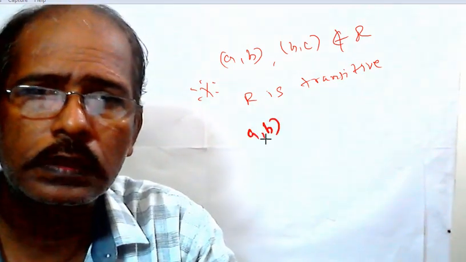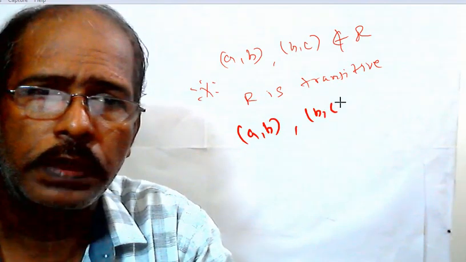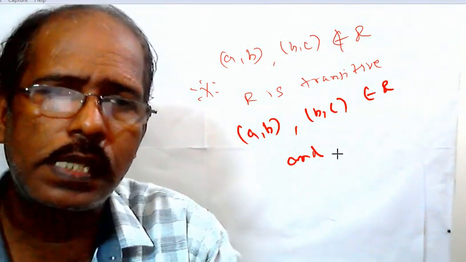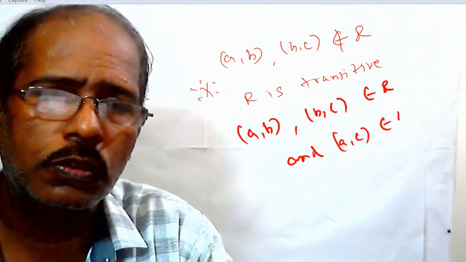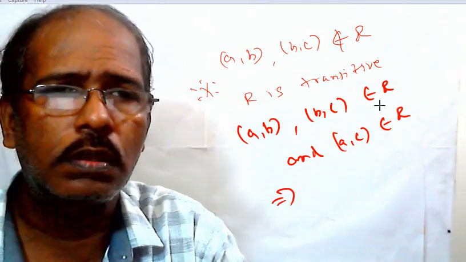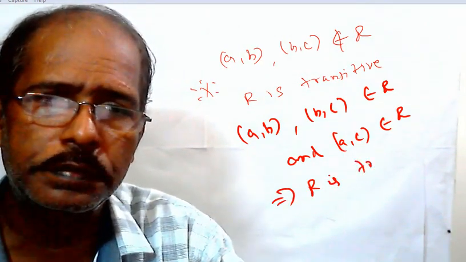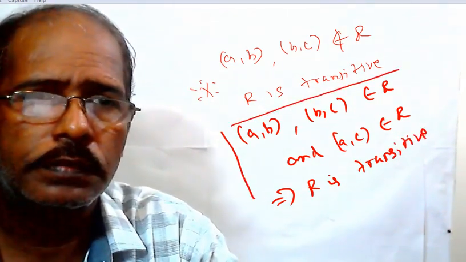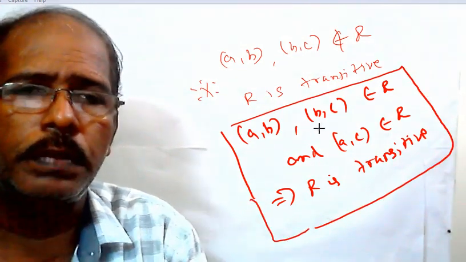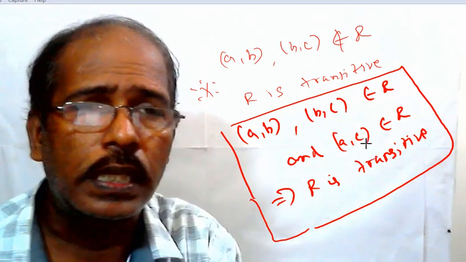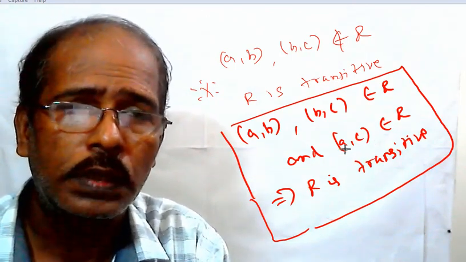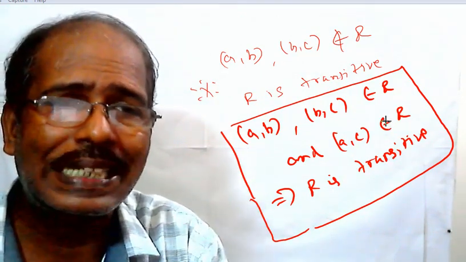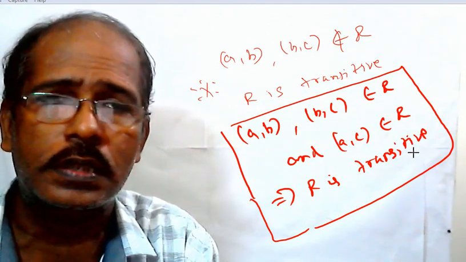Otherwise, if (a,b), (b,c) belong to R, now we need to test: (a,c) must be there, and if (a,c) also belongs to R, now we can conclude the relation R is transitive. So remember, whenever (a,b), (b,c) belong to R, test whether (a,c) belongs to R or not. If (a,c) belongs to R, conclude R is transitive. If (a,c) does not belong to R, R is not transitive.